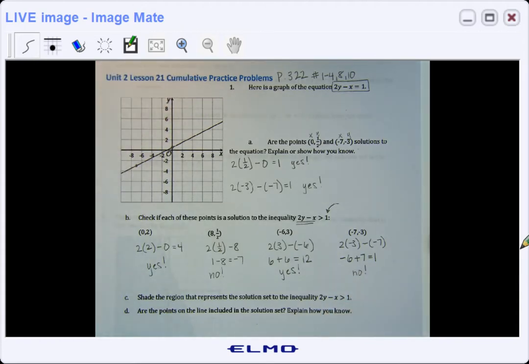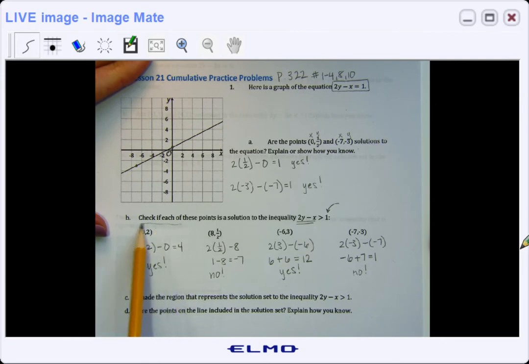The next part of the question is asking us to shade the region that represents the solution set to the inequality 2y minus x is greater than 1. So I know that the shaded region is going to contain the points where we said yes. So 0, 2, and negative 6, 3. Those should be in the same region.